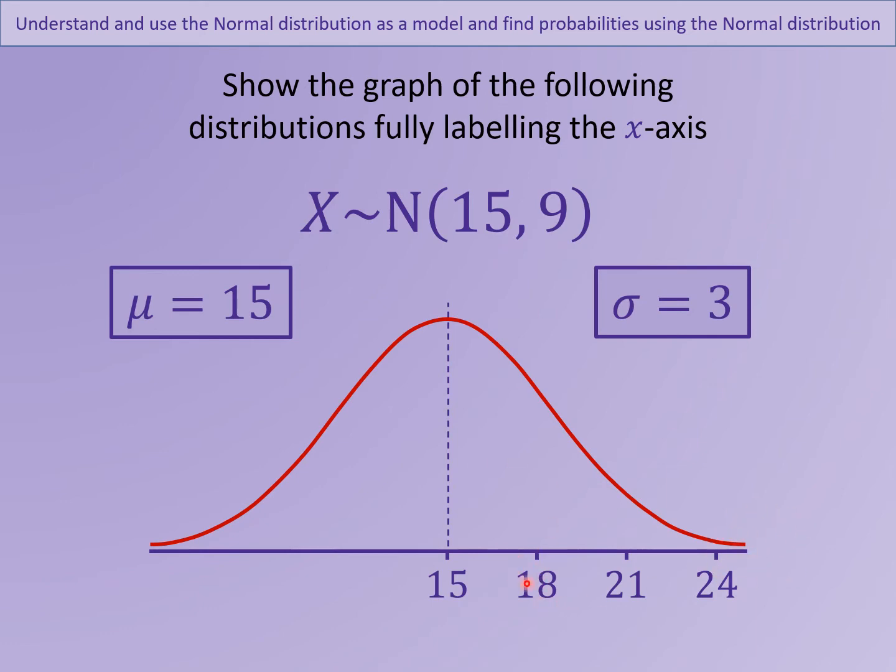Most of the creatures would lie between 18 and 12, which is still going down: 12, 9, 6. About 68% of those creatures would weigh between 12 grams and 18 grams. About 95% of all the creatures you found would weigh between 9 and 21. And nearly 99.7%, nearly the whole population, will be between 6 and 24. It'd be very unlikely to get anything that goes more than that or anything that goes smaller.